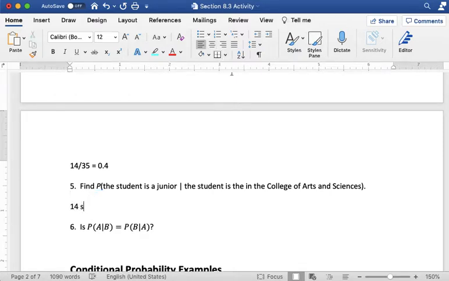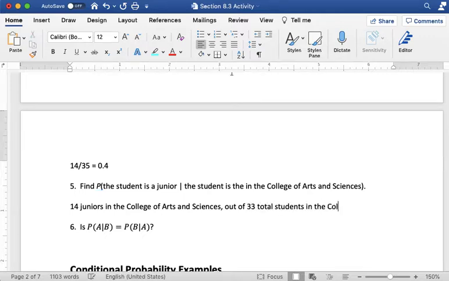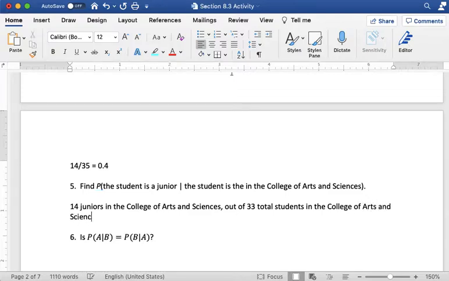So 14 juniors in the College of Arts and Sciences out of 33 total students in the College of Arts and Sciences. So 14 divided by 33, which we found earlier to be 0.424.